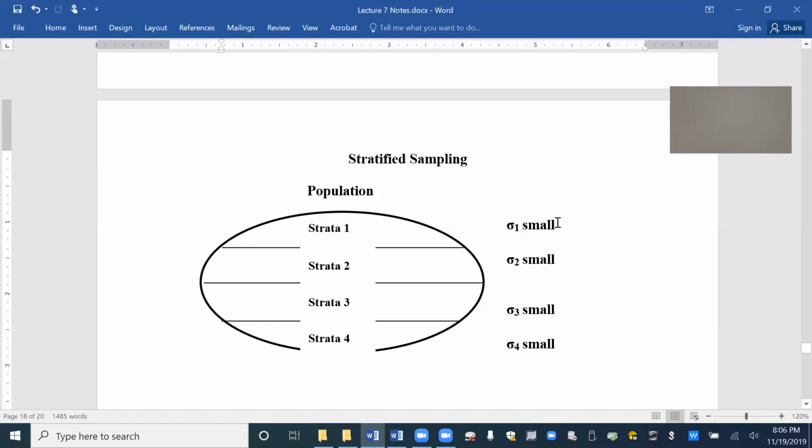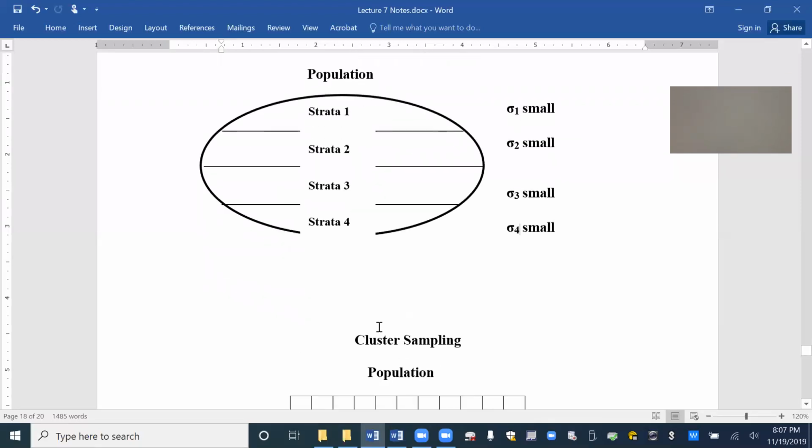When you buy a product and you register the product, they tend to ask a bunch of questions that don't have a whole lot to do with your use of the product, and those are ways of trying to get stratification on who's buying the product. So if you can do a stratification, you get a more accurate result than a regular old sample. If you can't, then rely on a regular sample.